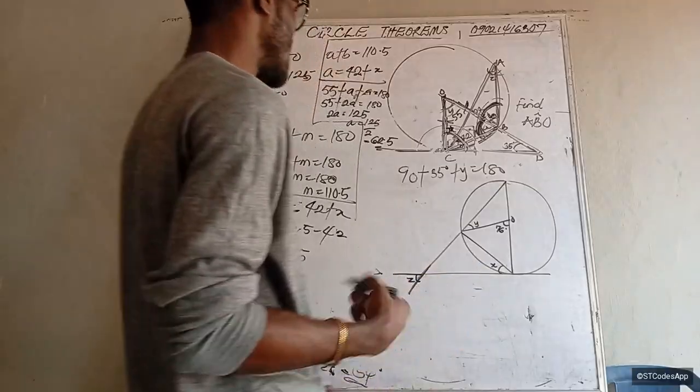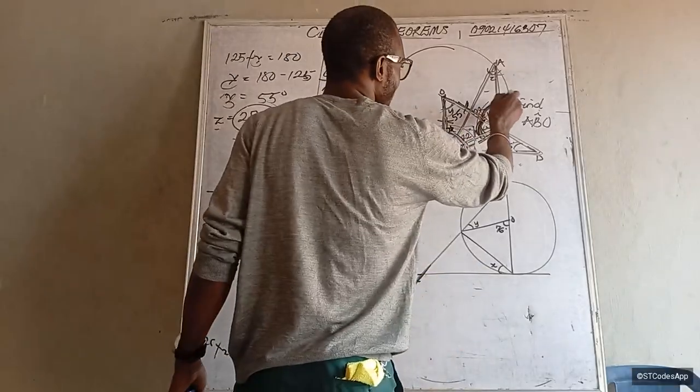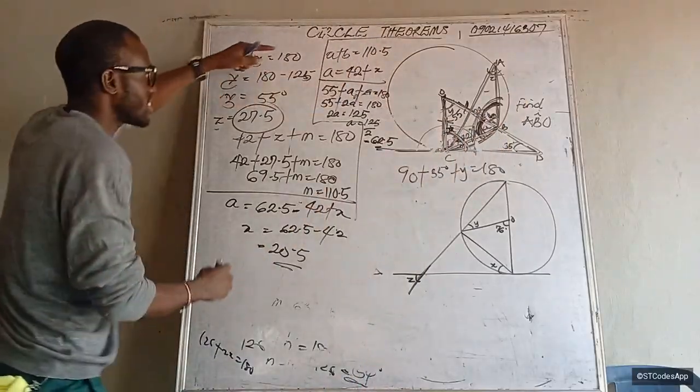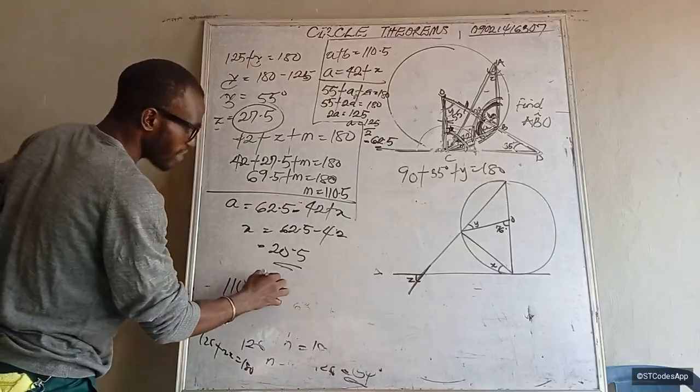No, we don't even need the X. It's B we are looking for, right? And this entire place is 110.5.